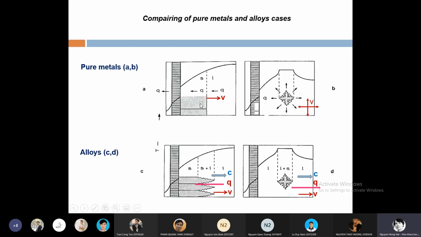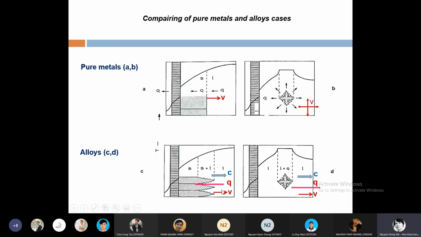Here there is no structure, but here you have dendrite, and we can have the diffusion flow from solid to liquid. The solid rejects the solute, the alloying element, and the growth direction is anti-parallel to the direction of heat flow, but the same as the diffusion flow.